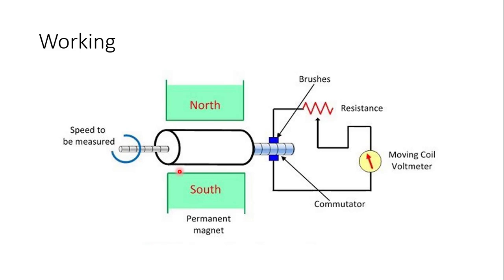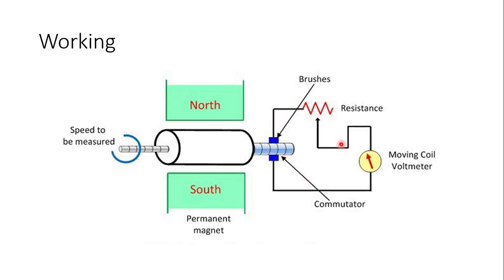Then we have this working. This working is very simple. You just insert this kind of knob inside the shaft, and this is your north and south pole. This is telling about how the tachometer can digitally tell you the RPMs. So this is your south and north pole, meaning if it is rotating, the current is generated.